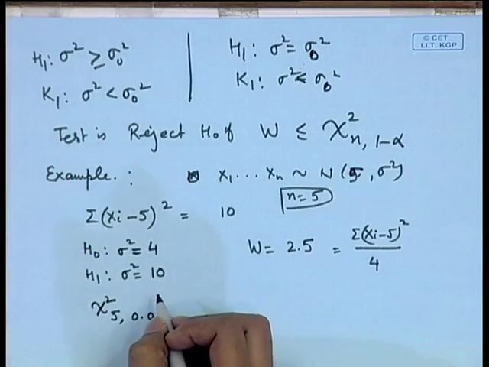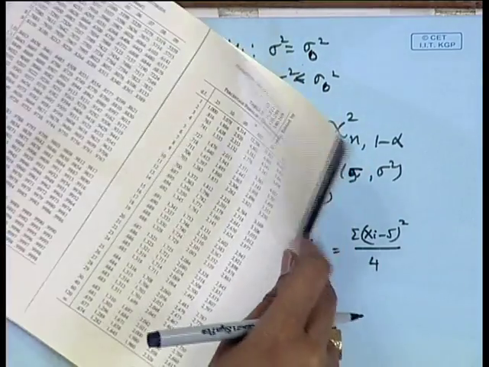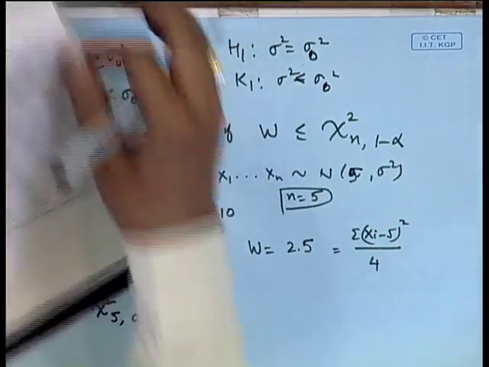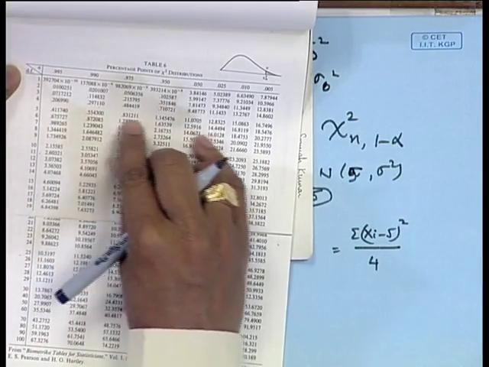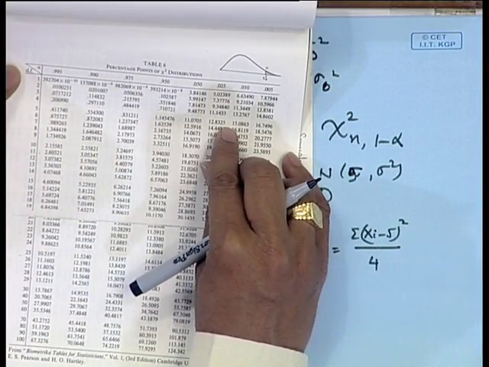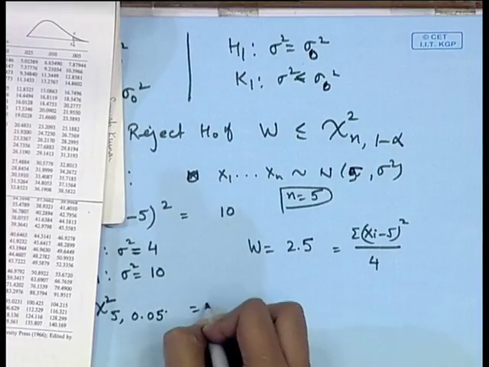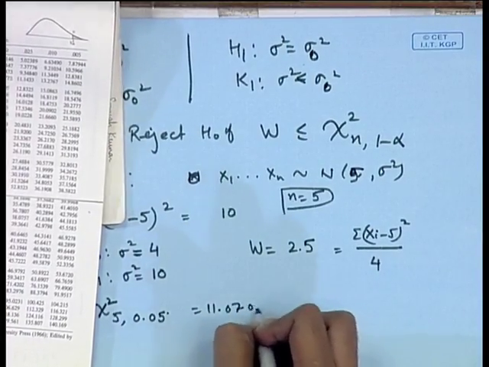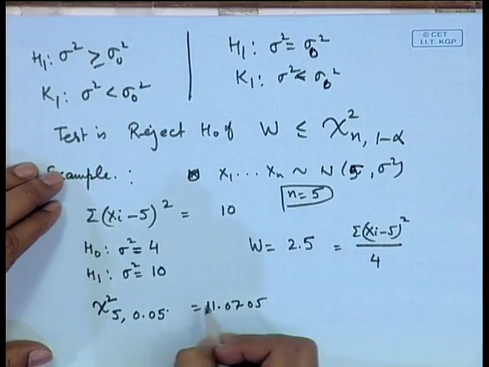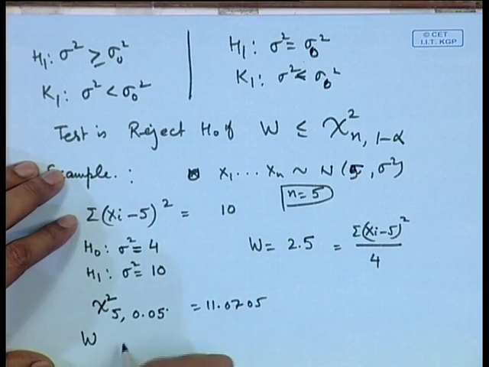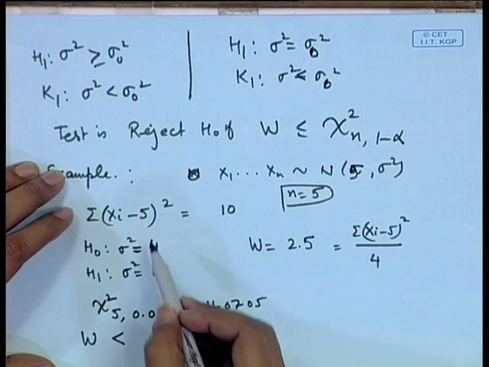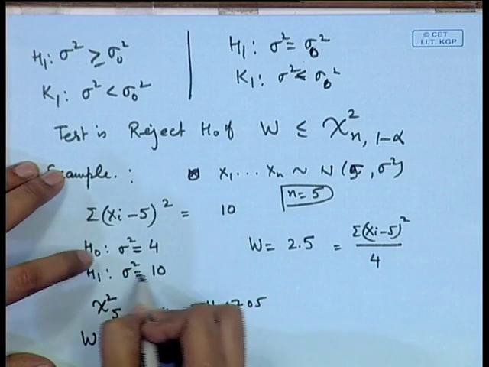So, from the tables of the chi-square distribution, one may look at chi-square 5, 0.05 as equal to 11.075. Naturally, you are getting W to be less than that, since we are testing here.